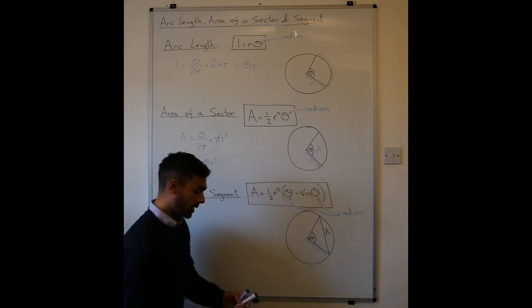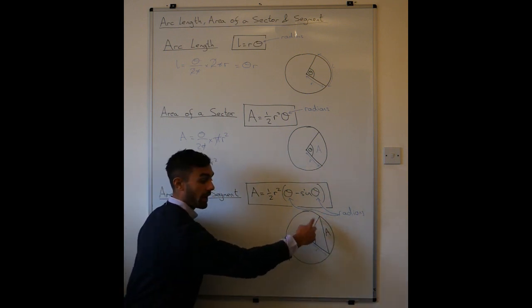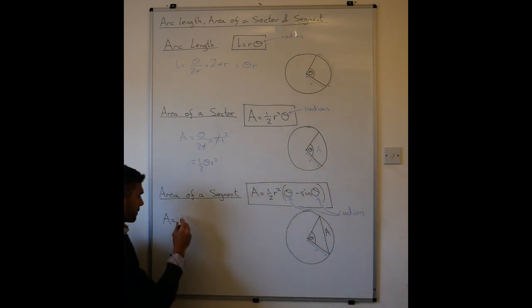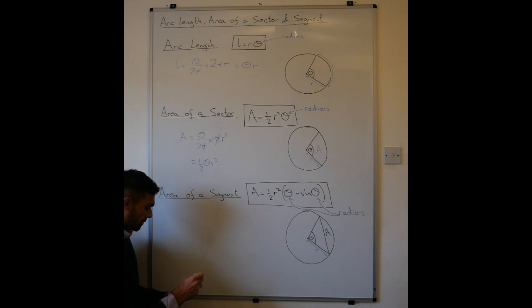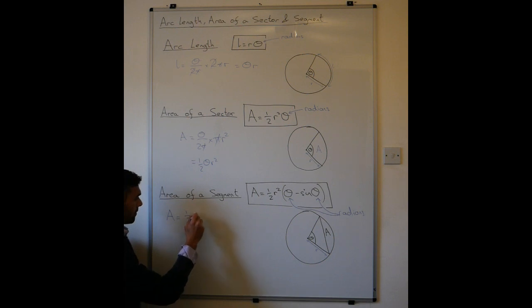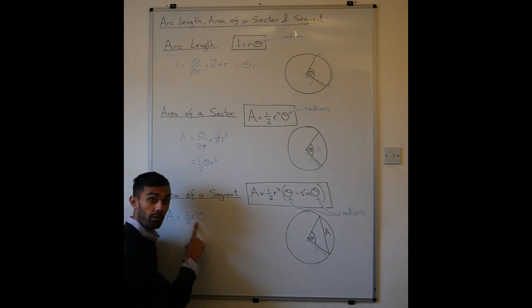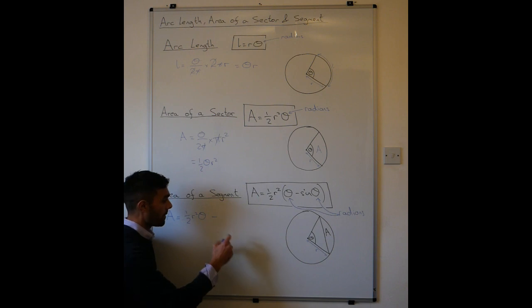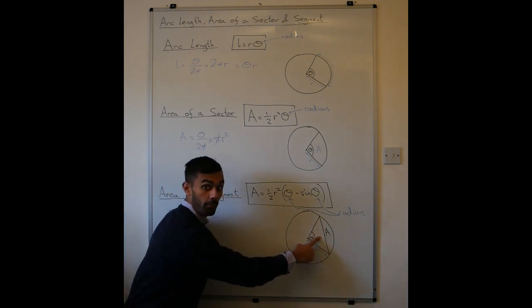Let's write that down to begin with. The area of the whole sector we already know. There's the area of the sector. Take away the area of this triangle.